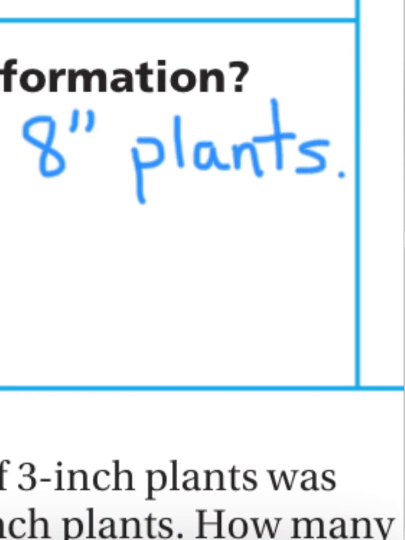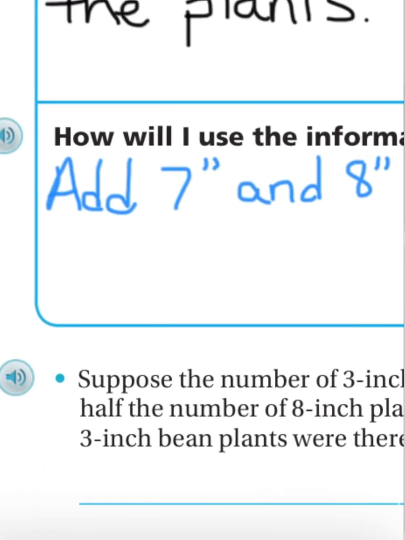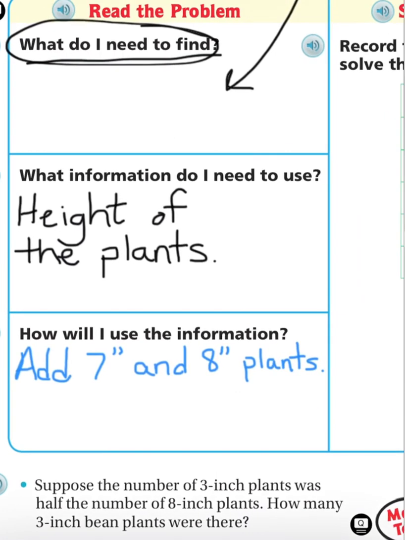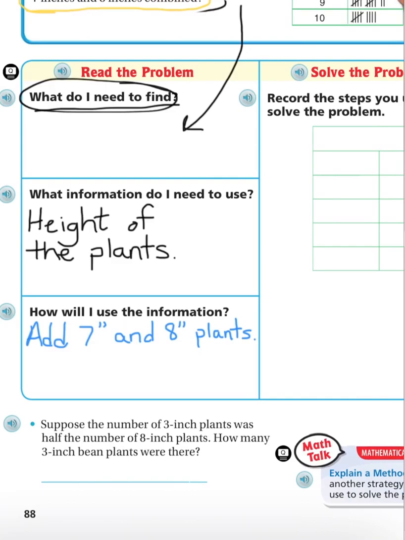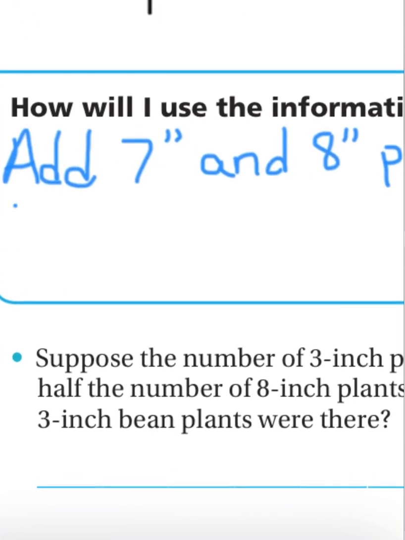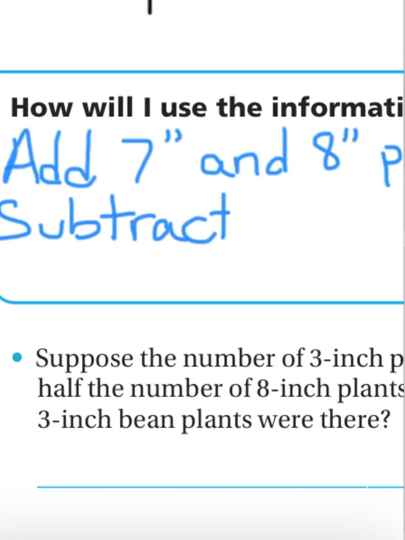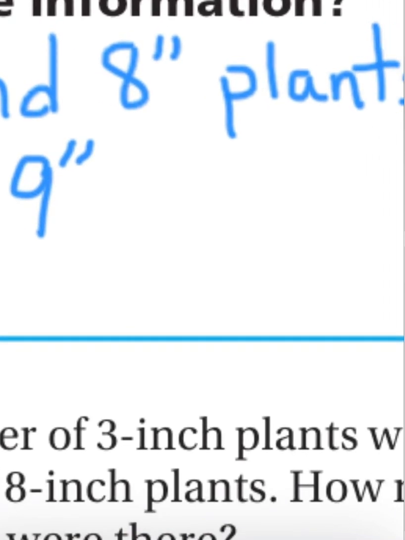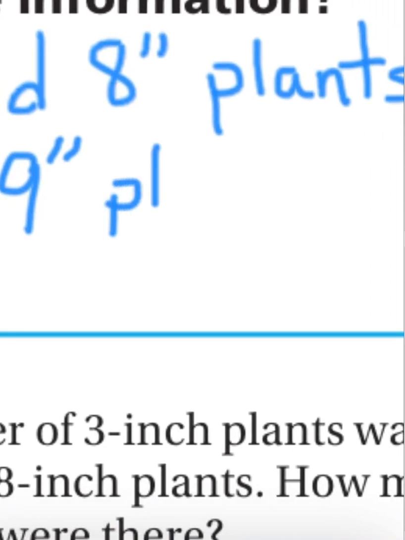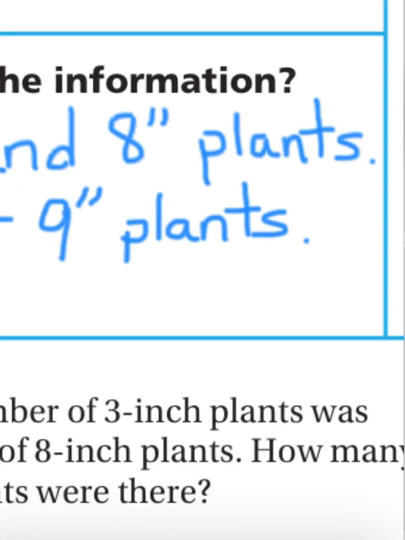And then the other thing we need to do is subtract, because it does say how many fewer bean plants were 9 inches tall, so we need to do some subtracting then. Subtract the 9-inch plants. Okay.